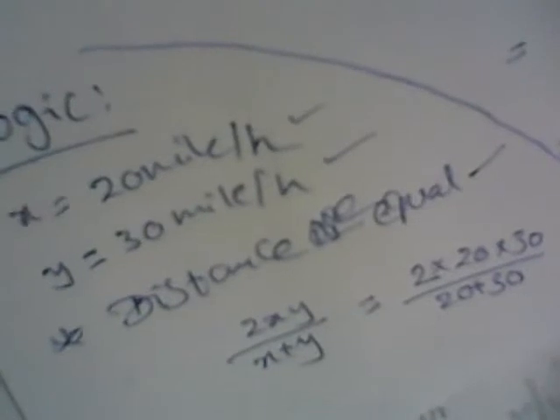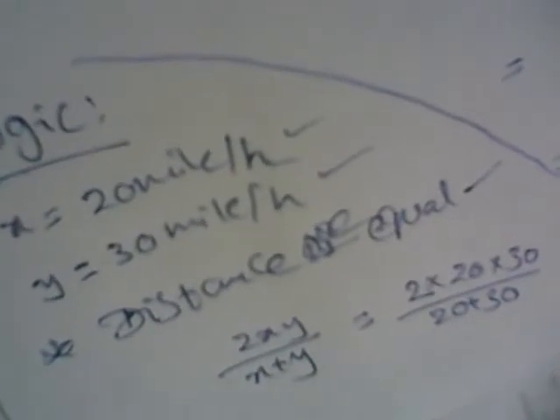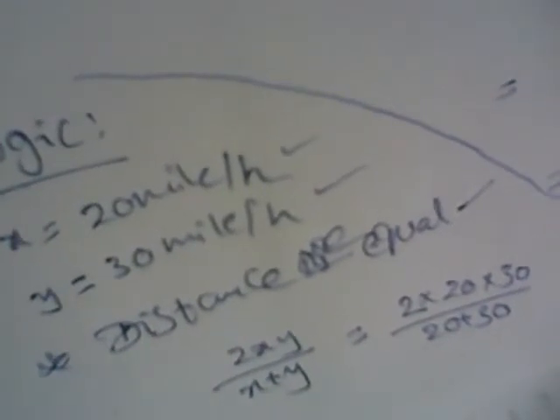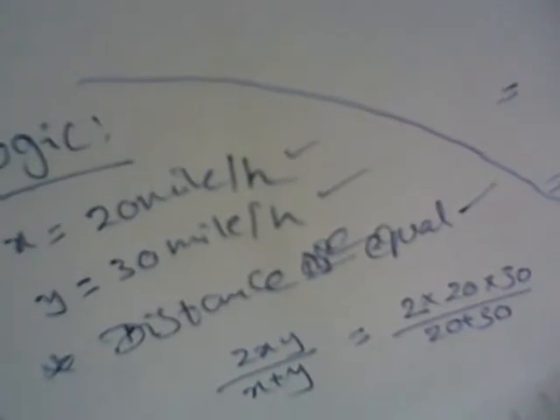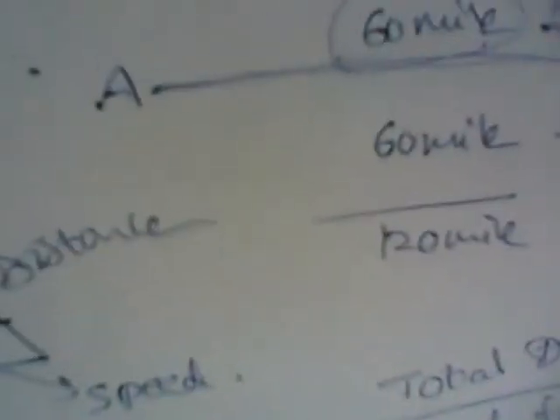Within seconds you can answer this question. But the logic is the distance should be equal. In this sum, the first trip distance is 60 and the return trip distance is 60. So both the distances are equal. Now apply this formula 2xy divided by x plus y. Here x and y are the two speeds. It's the logic.